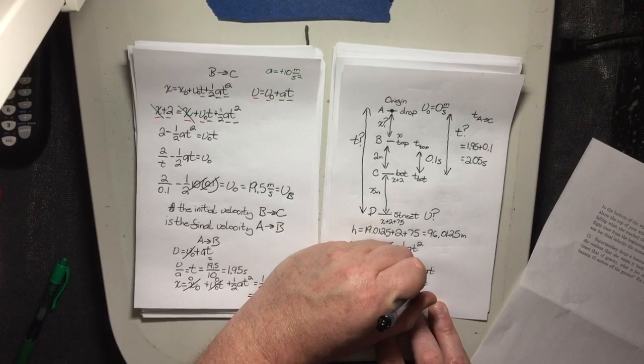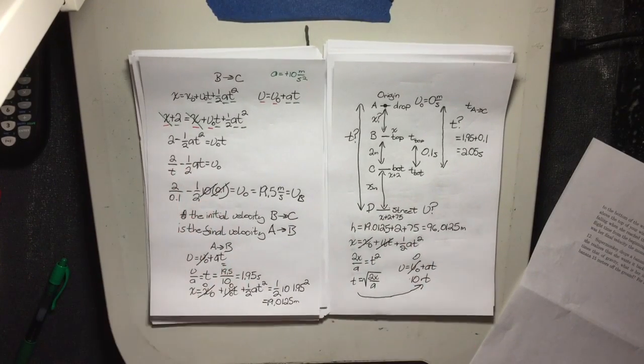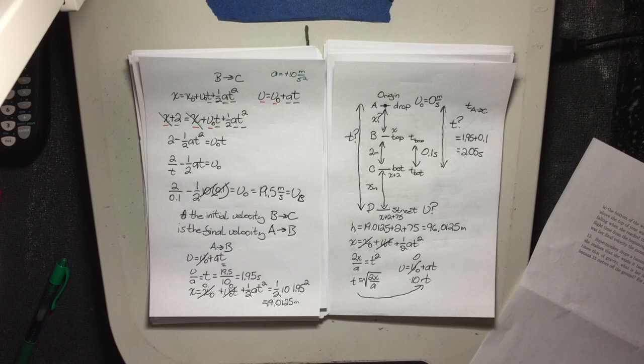Everything that we have done today has been based on using two fundamental equations: x equals x naught plus v naught t plus 1/2 a t squared, and v equals v naught plus a t. We have used them in a variety of ways based on what we know and what we don't know.